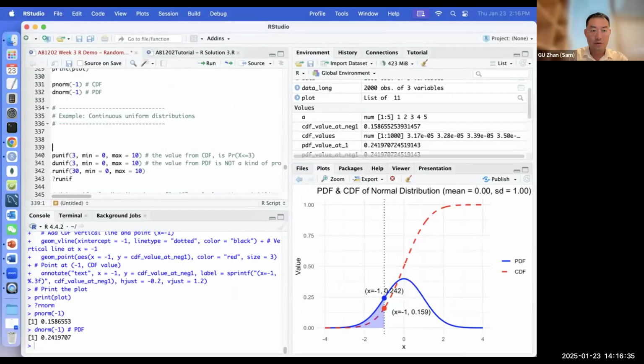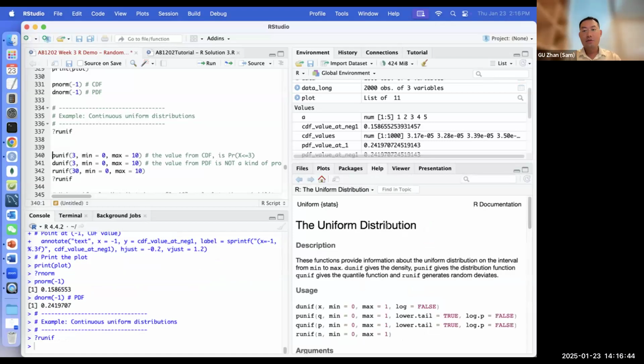So this is the uniform distribution. The d, p, q, r functions work as usual, with X, minimum value, maximum value, and so on.